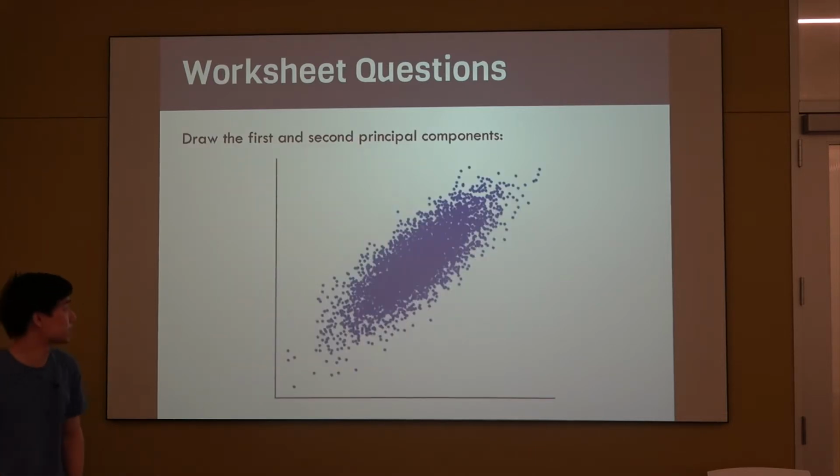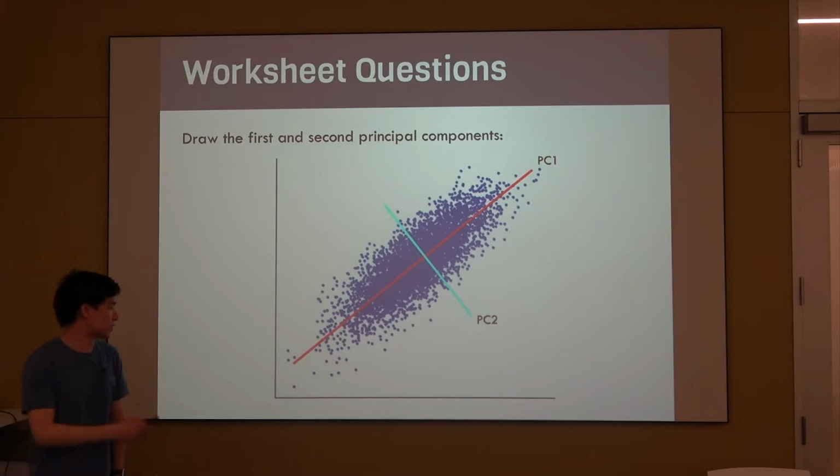Okay, so the second question is, you're given this plot and you want to draw the first and second principal components. One way to approach this is to look at this plot and see what kind of direction has the most variability, or what's the largest spread. With that, you might guess that the first PC is kind of diagonal across the flat region of this blob.